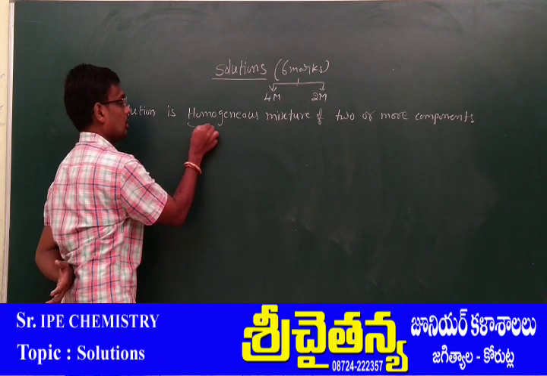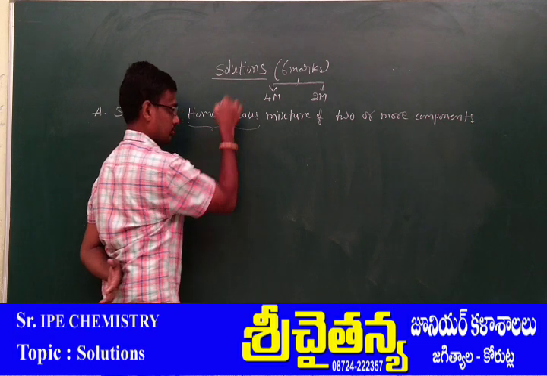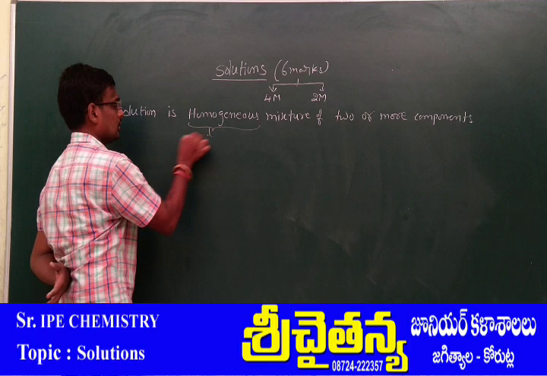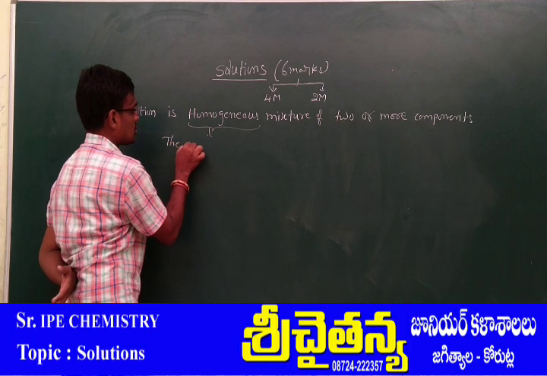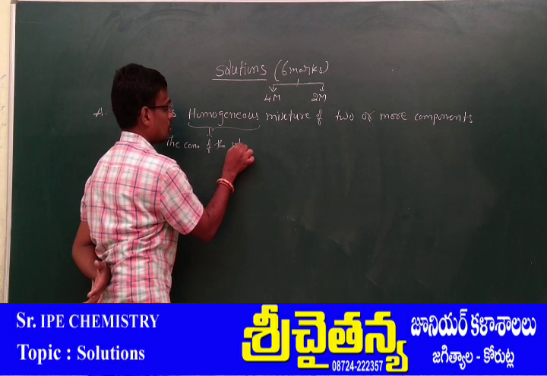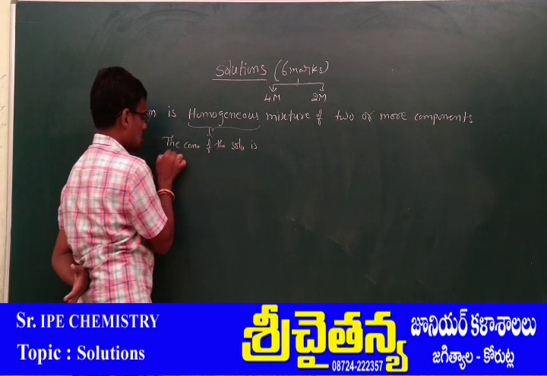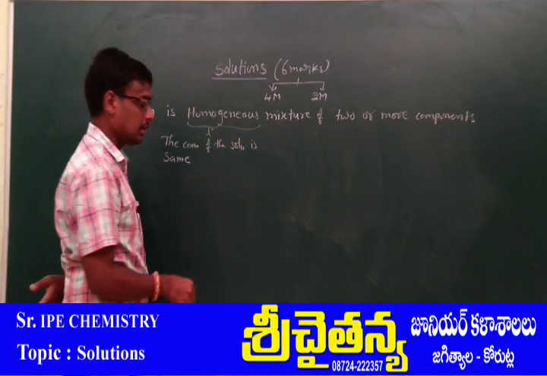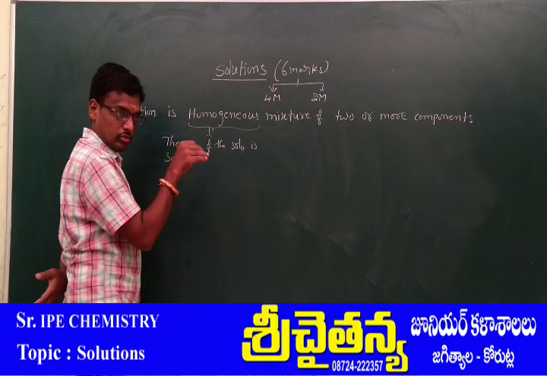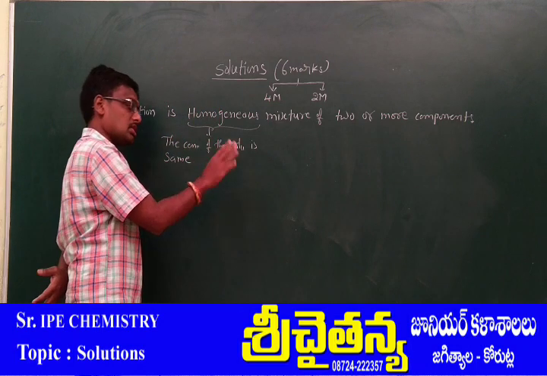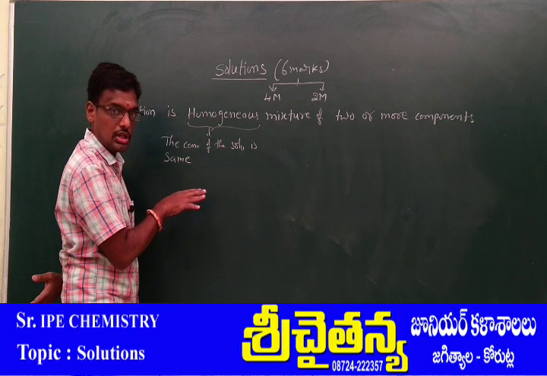What is meant by homogeneous mixture? That means the concentration of the solution is the same throughout. If you take any part of the solution, the concentration is the same.